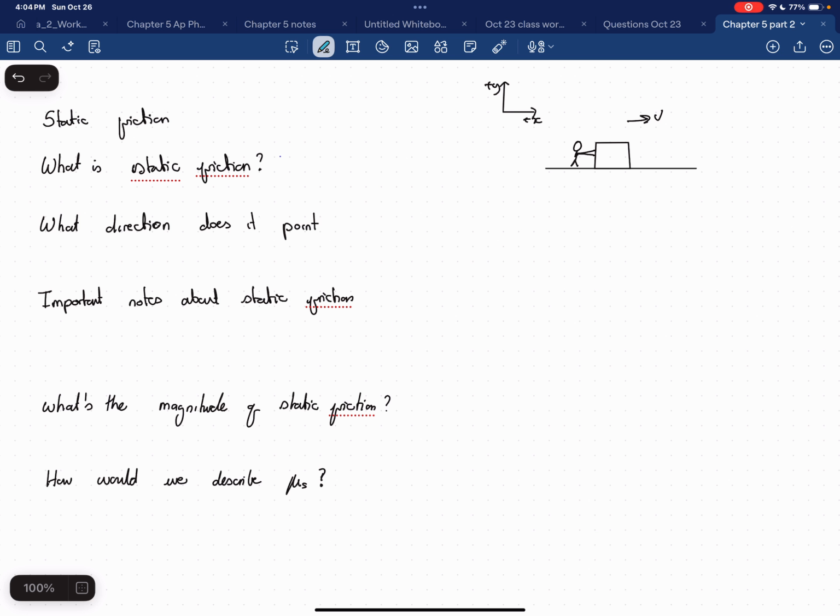This is a force exerted by the surface on an object to keep it stationary.